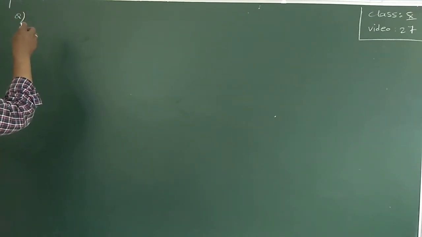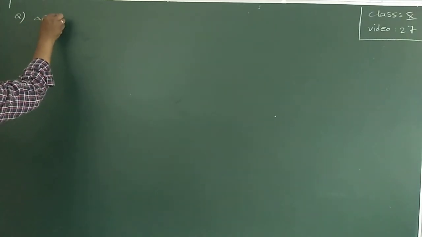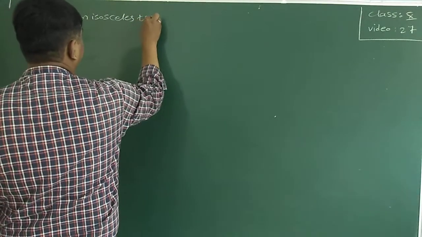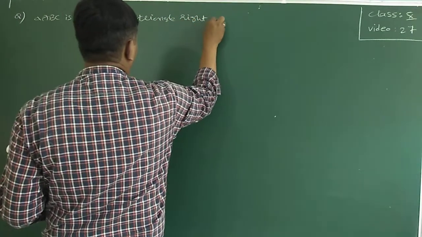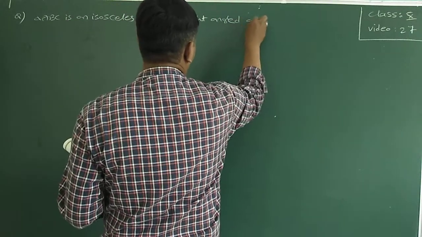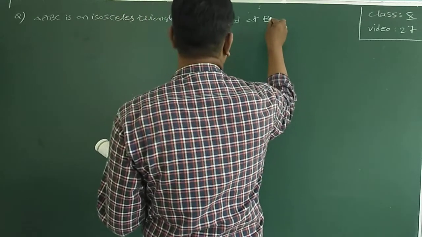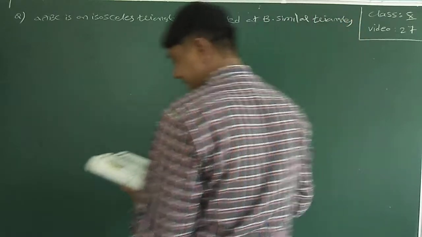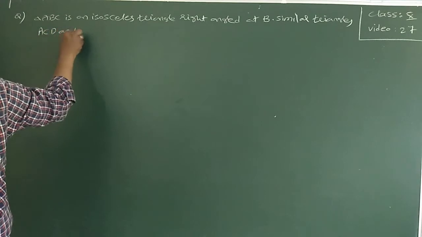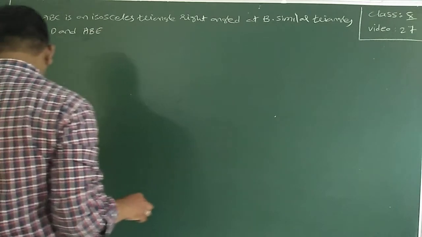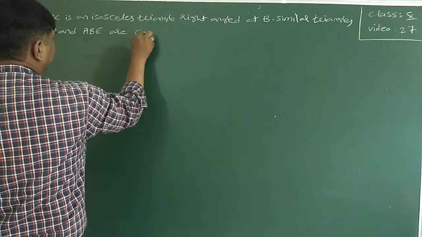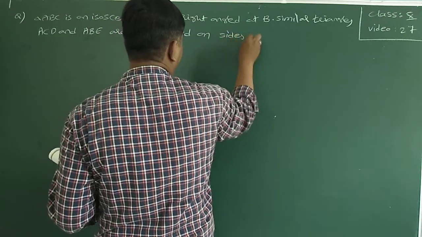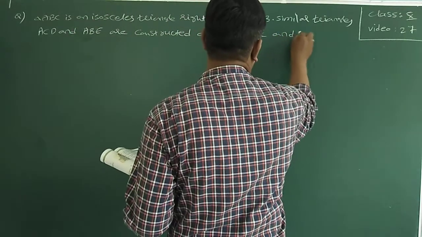Triangle ABC is an isosceles triangle, right angle at B. Similar triangles ACD and ABE are constructed on sides AC and AB.